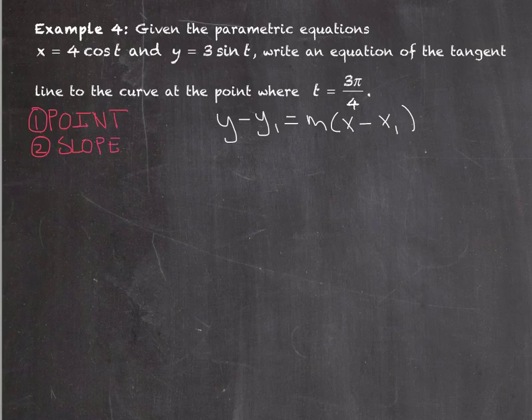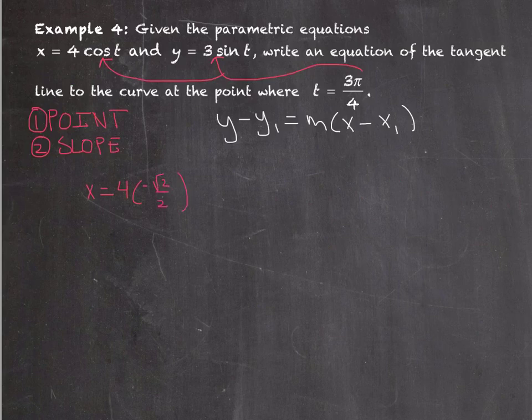So it tells us that we want to do this when time is equal to 3 pi over 4. So we're going to take that t and plug it in to y, and plug it in to x to get our point. All right, so 3 pi over 4, the cosine of that is going to be negative root 2 over 2 because it's in the second quadrant. And so the x coordinate is simply going to be 4 times negative root 2 over 2.